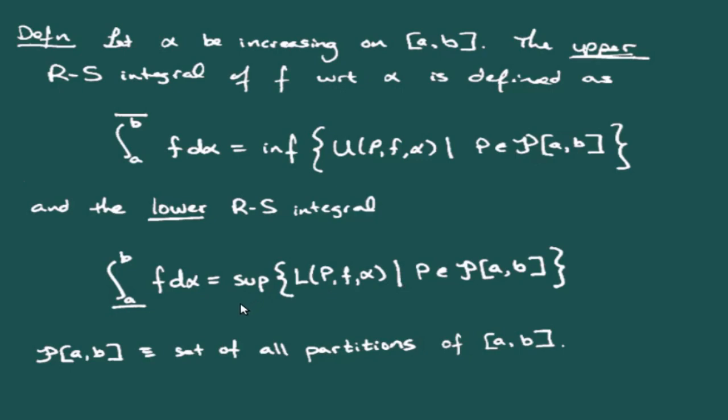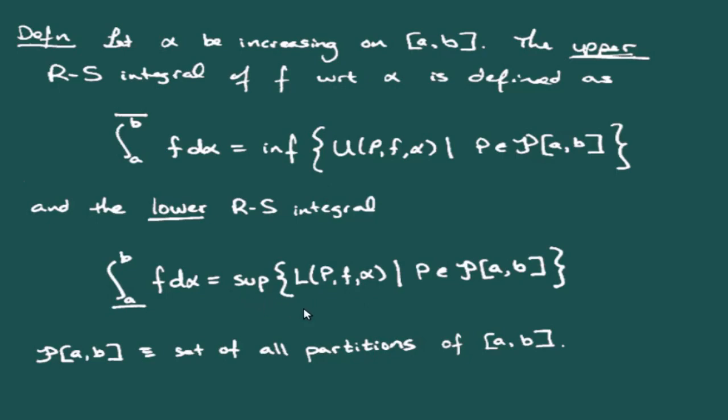What we can visualize here is that the upper Stieltjes sums give us the set of points above, and we want the smallest of those values. For the lower Stieltjes integral, we want all of the lower bounds, and we want to see the biggest value we get from there.